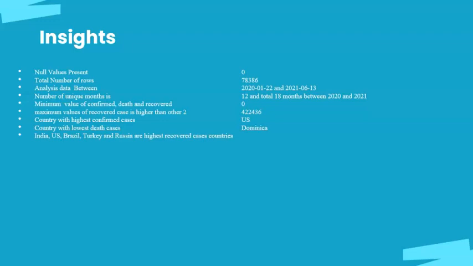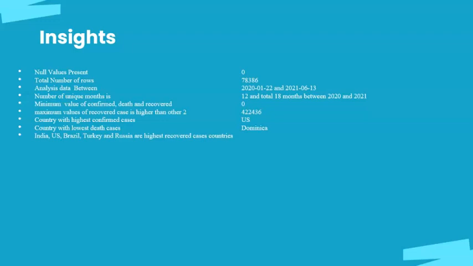So coming to the insights part, the null values are 0. The total number of rows is 78,386. The analysis data is between 2020 January 22nd and 2021 June 13th, and the number of unique months is 12, and the total number of months is 18 between those years. The minimum value of confirmed, death and recovered is 0.